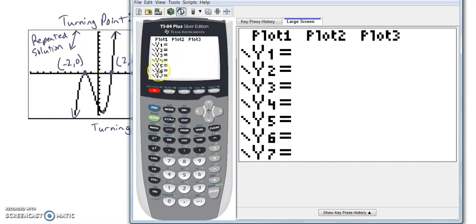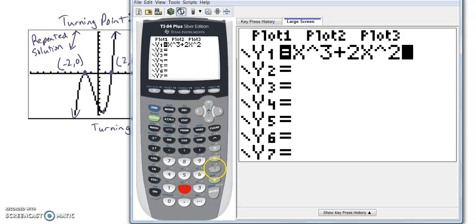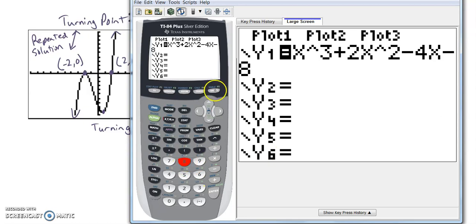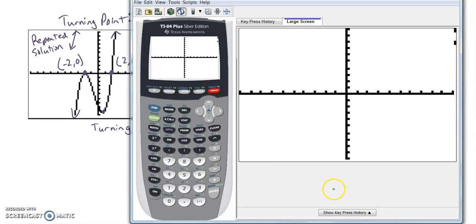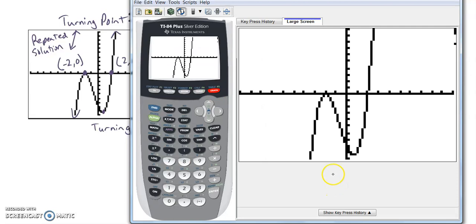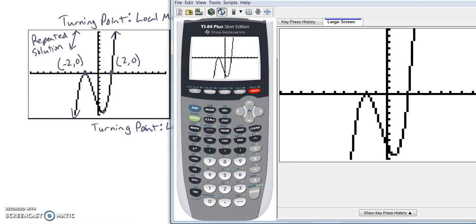If I go to the y equals graphing portion of my calculator, I can type in my equation to make sure that my polynomial is correct. This graph is the same graph here.